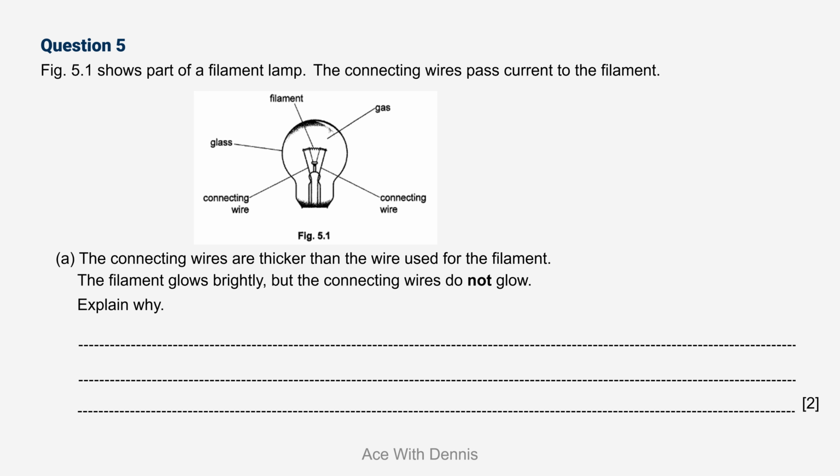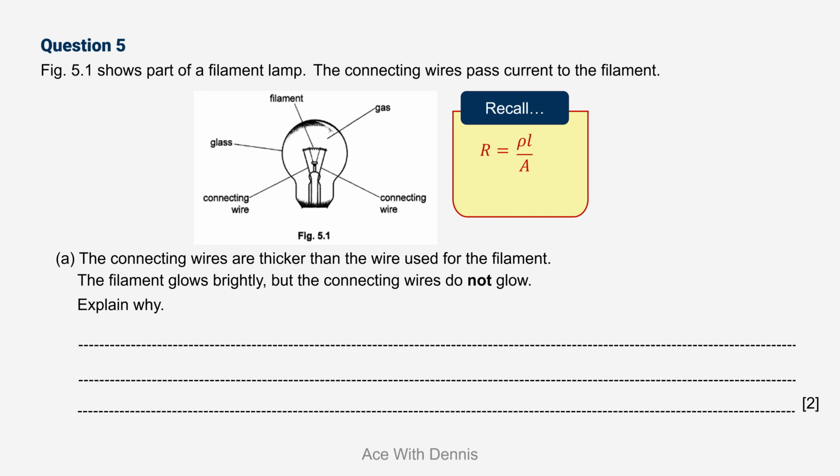Before I answer this question, let's recall two formulas. The first formula is the resistance formula, R equals rho L over A, where rho is the resistivity, a constant that depends on the material. The length L is the length of the resistor and A is the cross-sectional area.